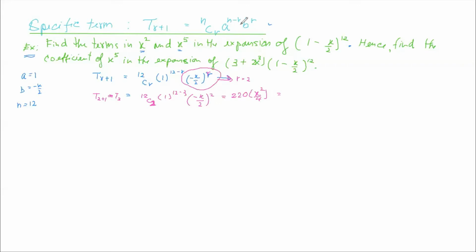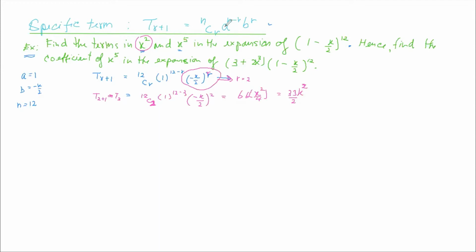So rewrite it down here, it should be 66. The 1 to any power is 1, no matter what the index is. And this power is even, so it comes out to be a plus sign, so we have x power 2 over 4. Then you simplify 66 with the 4, and it becomes 33 over 2 x power 2. So the term of x power 2, this is the answer, equal to 33 over 2 x power 2.